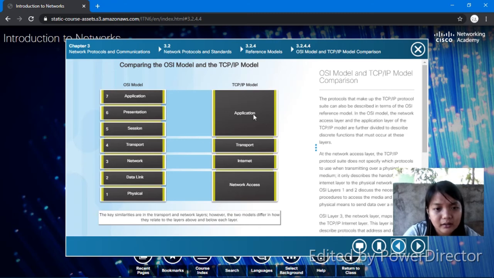But they differ in how they relate to the layers above and below each layer. So even though they have similarities, they differ on how they relate to layers above or below them.